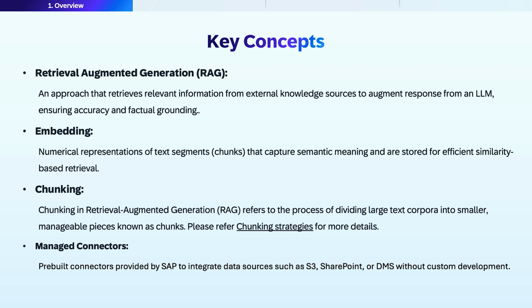Hence, objects having similar meaning are positioned close to each other in the high-dimensional space. Chunking is an important aspect of retrieval augmented generation, and is the process of splitting large text into smaller segments known as chunks. Managed connectors are pre-built connectors provided by SAP to integrate data sources such as S3, SharePoint, or document management without custom development.